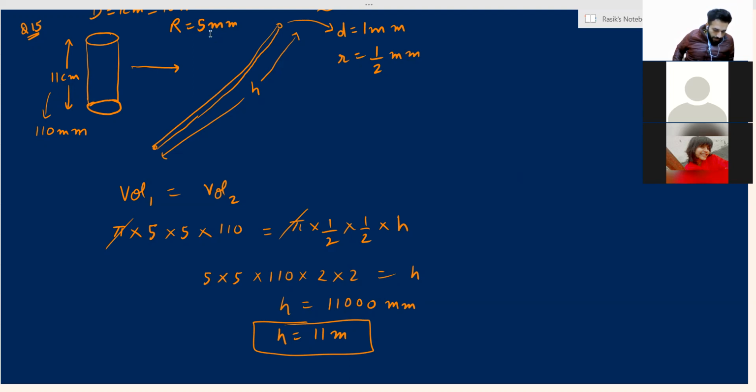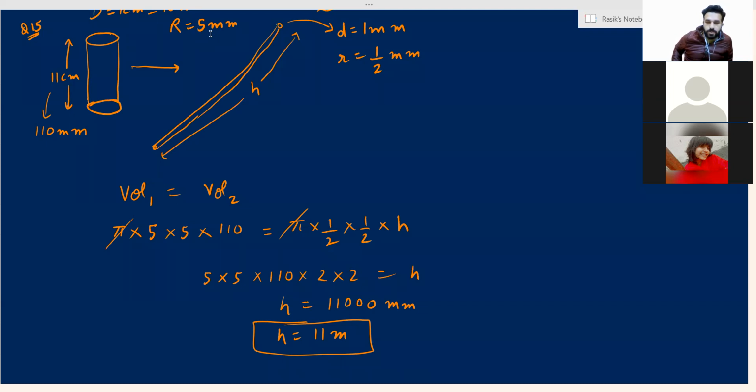Mayank, you have used the radius of the cylinder in millimeters. Convert it in centimeters and then use it. Your answer will come in centimeters because you have used the side of the cube in centimeters in the question, and you have used the diameter of the cylinder in millimeters.